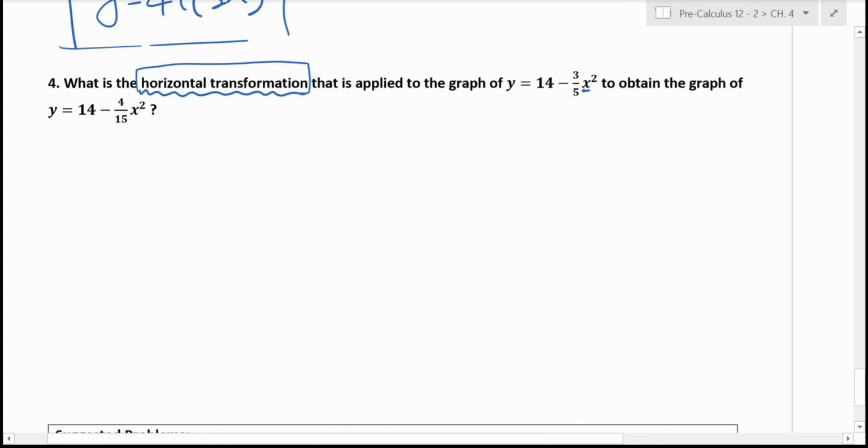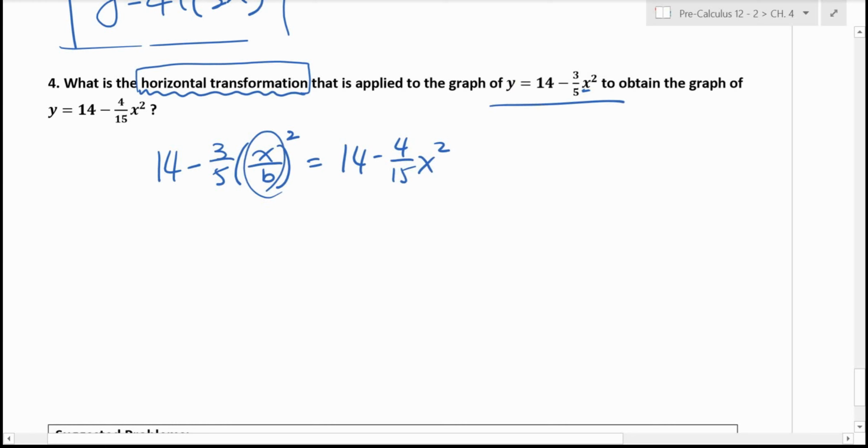So if we apply the transformation, which means we replace x with x over b, because that's the factor, this will equal 14 minus 4 out of 15 x squared. This is the transformation that we applied to the original function, and it gives us the new function right there.